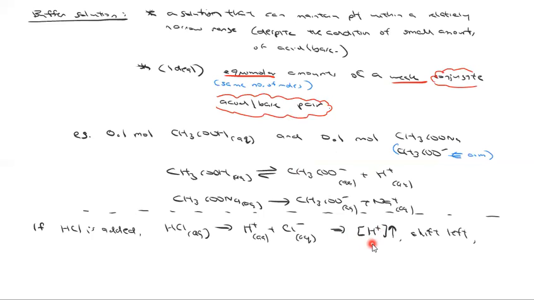So the H+ ion concentration will go down from the change, and therefore the change in H+ ion concentration has been minimized, and therefore the change in pH is also minimized.